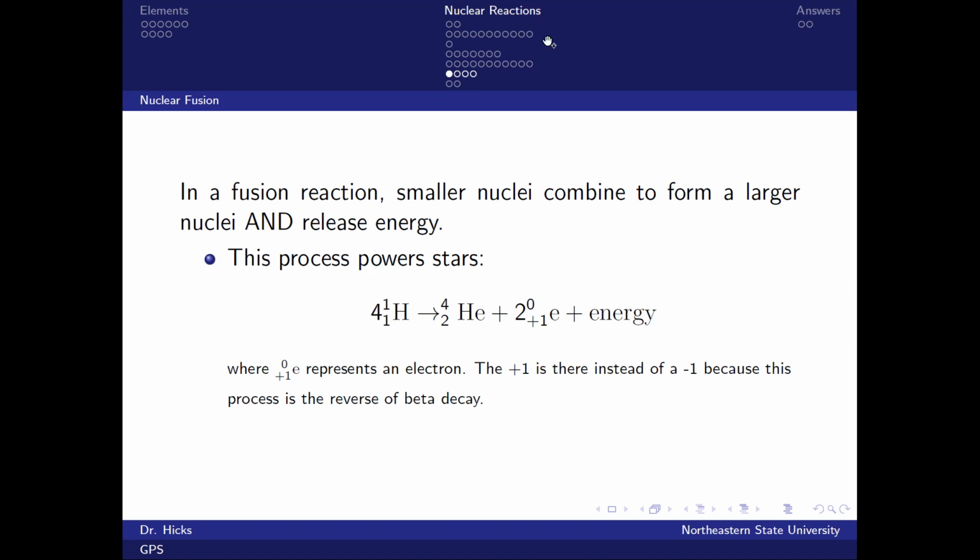So notice, just real quick, this is an electron. That is not a beta particle. This is not beta decay. This is a real electron being emitted.